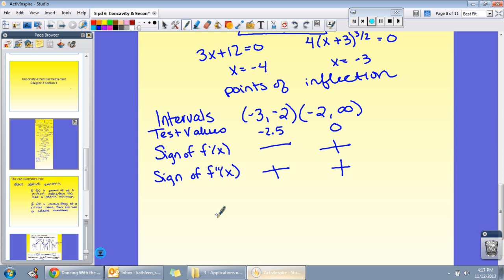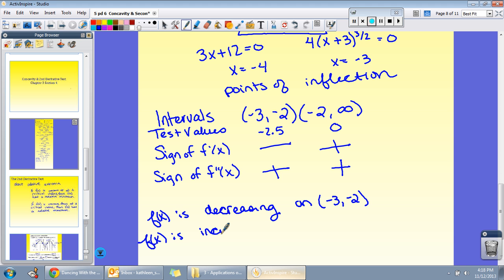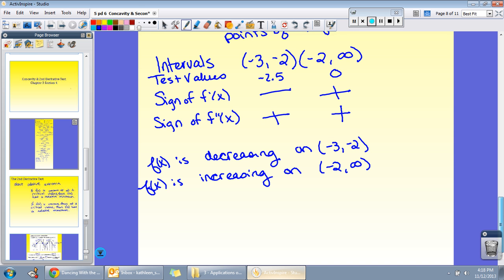Okay, so we know that f of x is decreasing on the interval from -3 to -2, and we know that f of x is increasing on the interval from -2 to infinity.